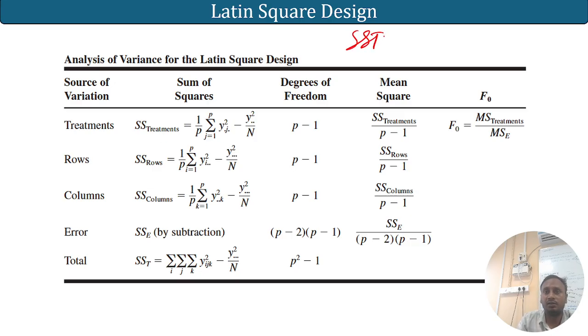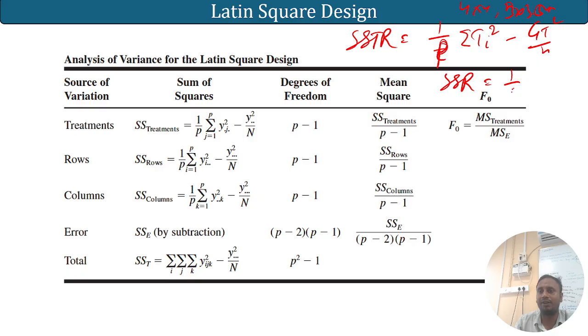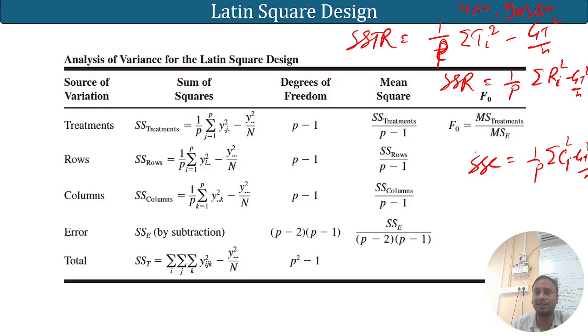SS treatment is 1 by T or P, because it's always 4 by 4, 3 by 3, 5 by 5, either P or T. So 1 by P, summation of Ti square minus Gt square by N. What about SSR? 1 by P, summation of row i square minus Gt square by N. What about SSC, the column? 1 by P, summation of Ci square minus Gt square by N.